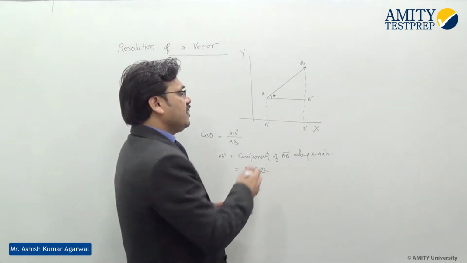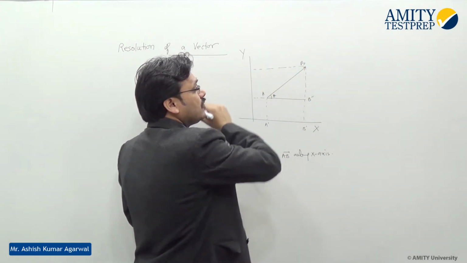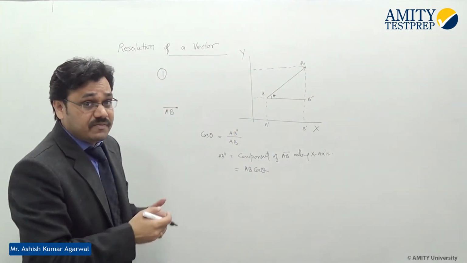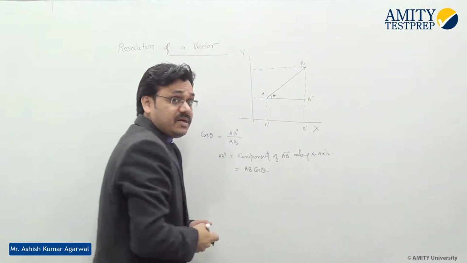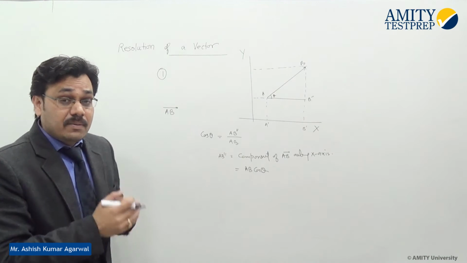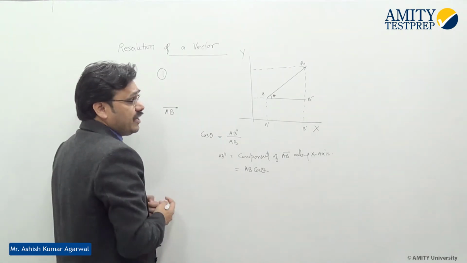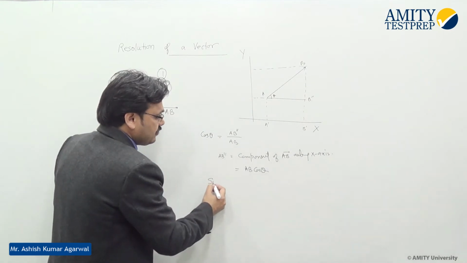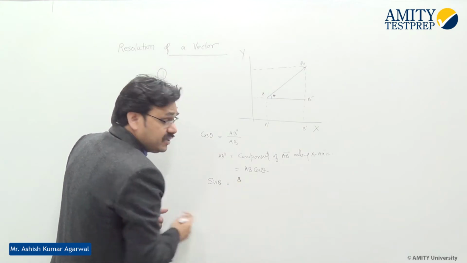Similarly, if you want to find the component of the vector on the y-axis, you have to draw the perpendicular on the y-axis. You can find this B double dash will give you the component of vector AB along the y-axis. How can you find B double dash? That is by sin theta, and this is AB sin theta.